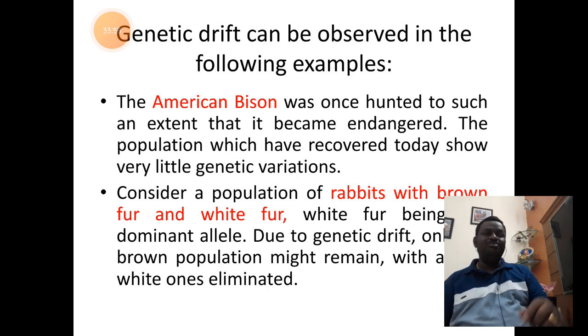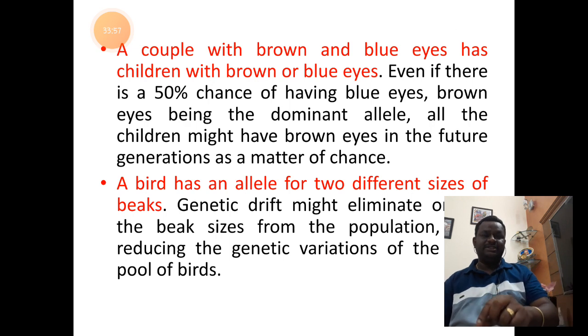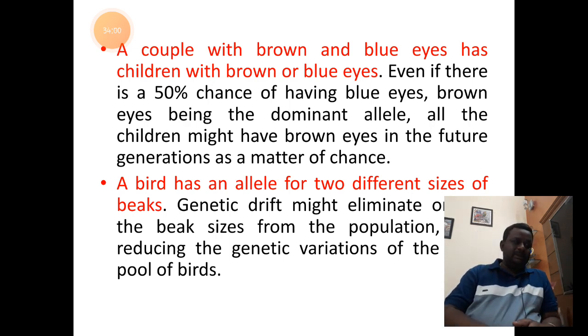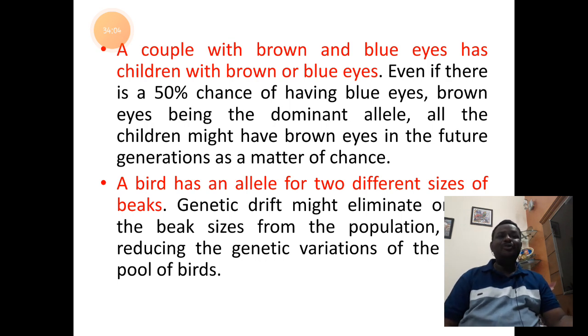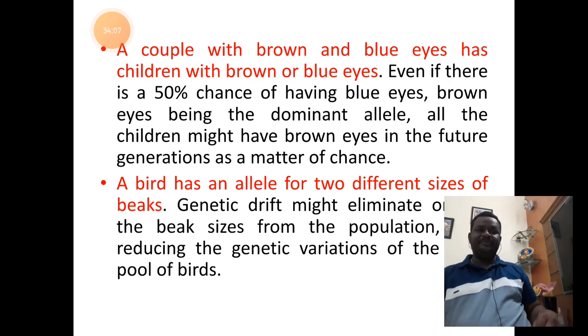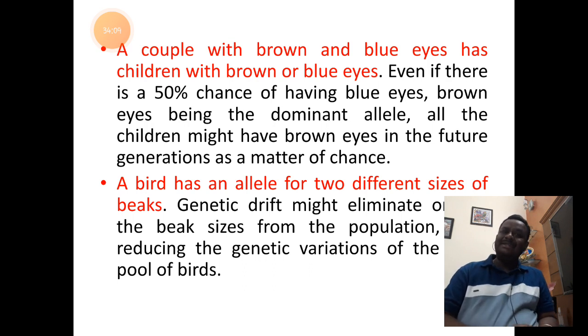So this is about the importance of genetic drift concepts. The other example is a couple with brown and blue eyes who has children with brown and blue eyes. Even if there is a 50% chance of having blue eyes, brown eyes being dominant alleles, all the children in future generations may have only brown eyes.